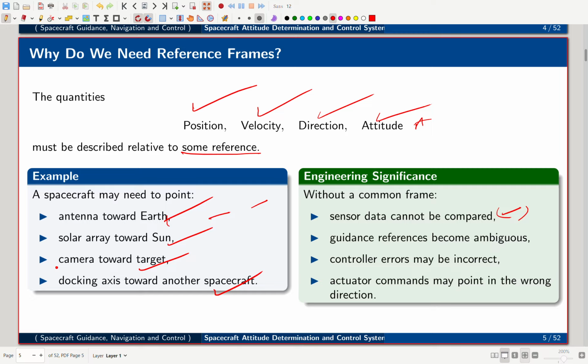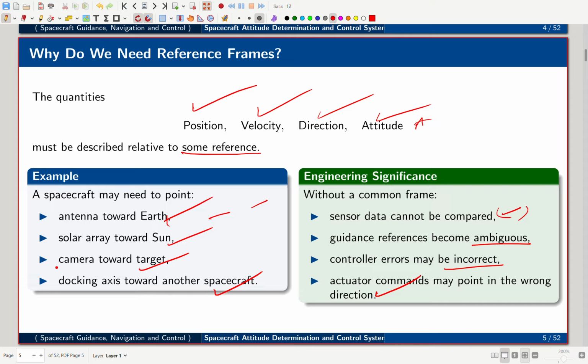So guidance reference becomes ambiguous. That's very important. Guidance reference becomes ambiguous, with no clarity. Control errors may be incorrect. So all should be in a common frame, right? But the implementation is not in a common frame. So actuator commands may point in the wrong direction, because in the end we want to control the predefined attitude, but it is not there.